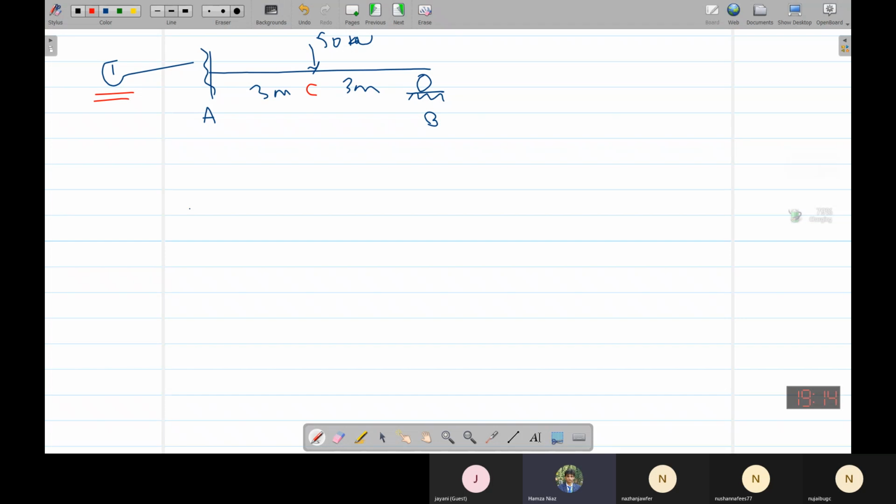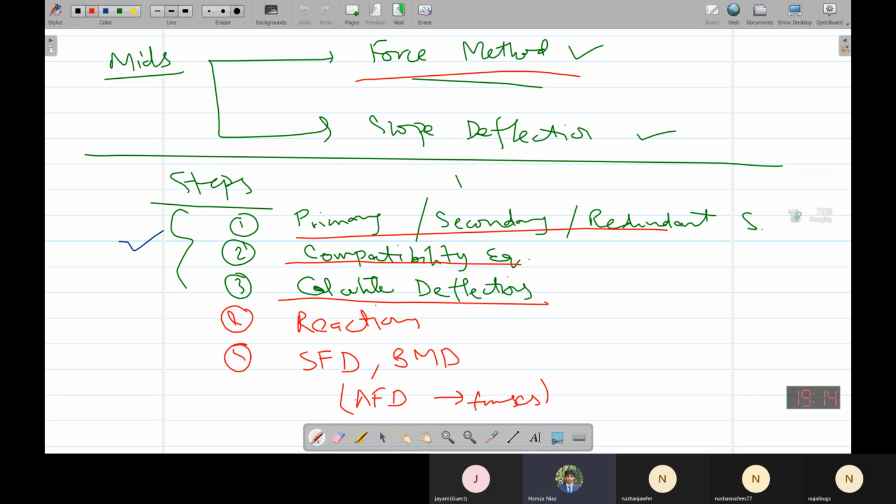All right, this is a simple indeterminate beam. So we have to find its force reactions, By and Ay and the moment at A, and we have to calculate them by force method. So our first step was to resolve it into primary and secondary structures.